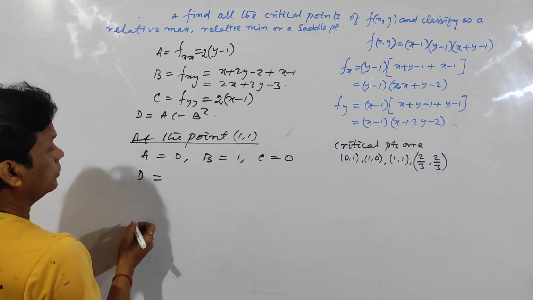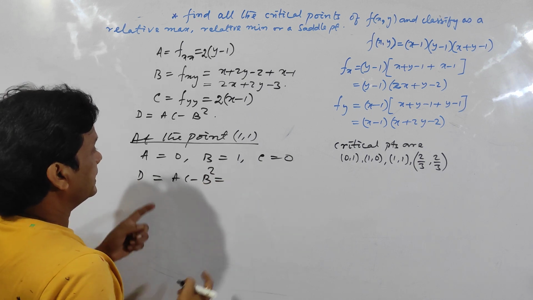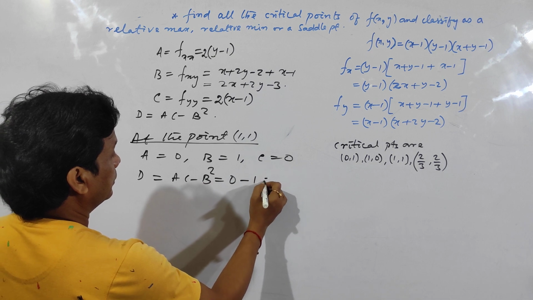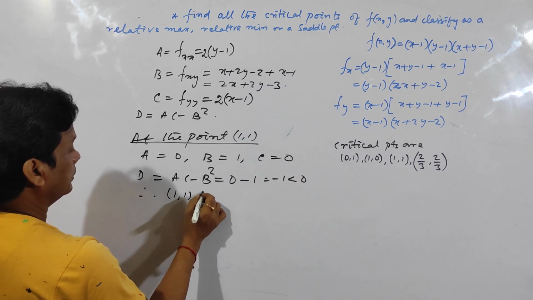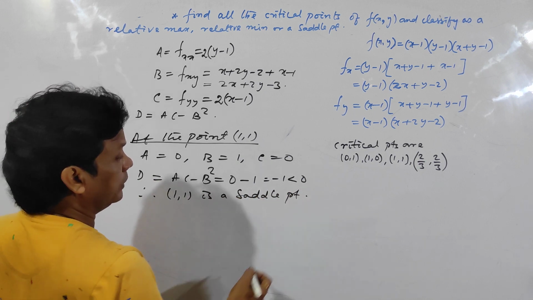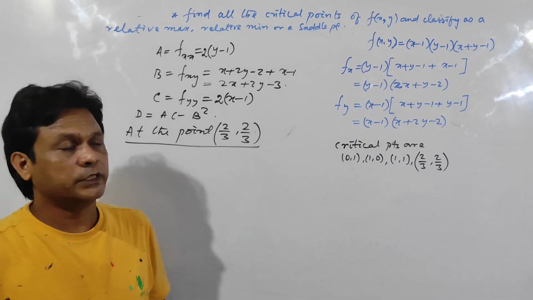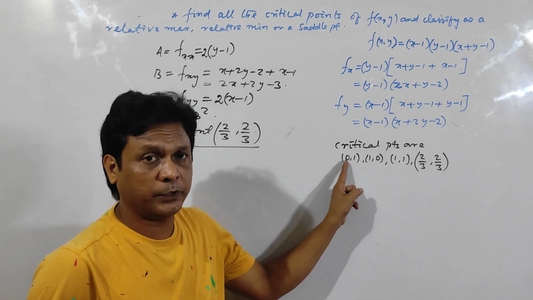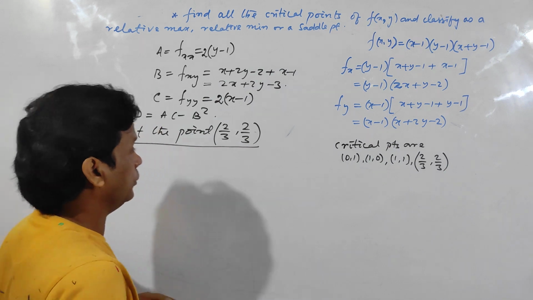So D is equal to AC minus B square, so AC 0 minus B square 1 is equal to minus 1, less than 0, therefore (1, 1) is a saddle point. Clear? Now see here, (0, 1) is a saddle point, (1, 0) is a saddle point, (1, 1) is also a saddle point. Now we have to test at (2/3, 2/3).